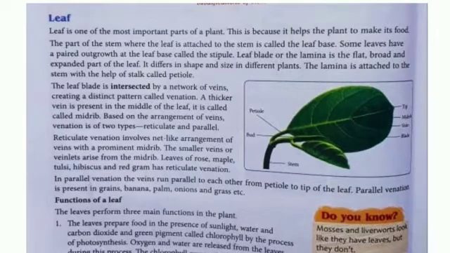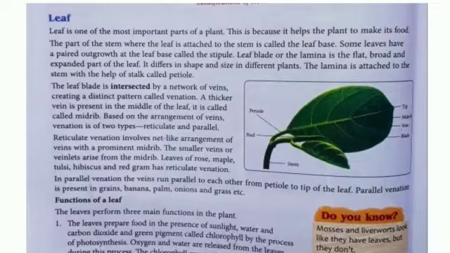The lamina is attached to the stem with the help of a stalk that is called petiole. The stalk of a leaf is called petiole and the stalk of a flower is called pedicel. There is a slight difference.